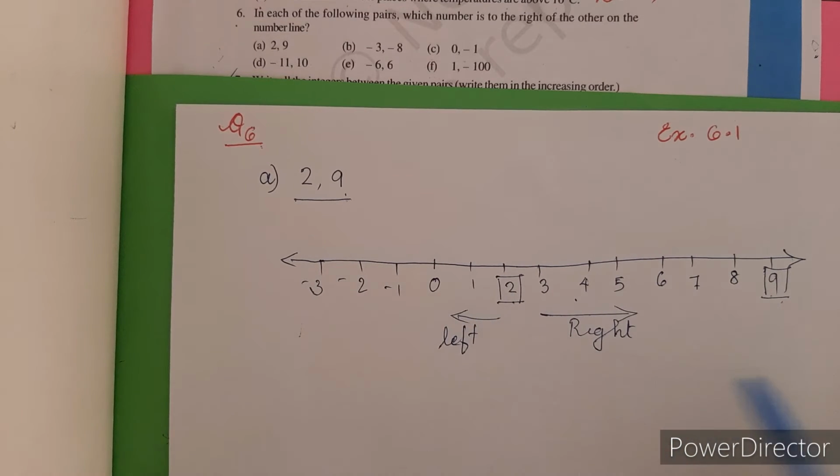So 9 is the bigger number, so it is present on the right side of 2. This is the way we can solve which number is right to the other number.